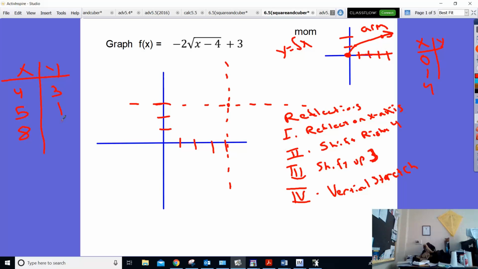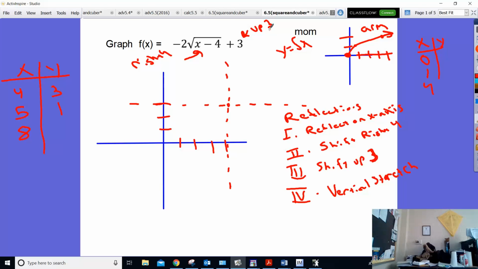How do I do that? It comes from previous notation. That means we shift opposite of what it says. That's right 4. And the end is saying up 3. If it had said minus, we'd have said down 3. So the centering here is at 4, 3, because we went right 4 and up 3. That's where it came from.